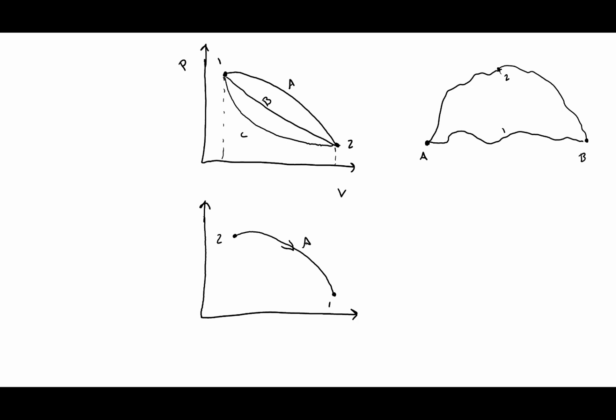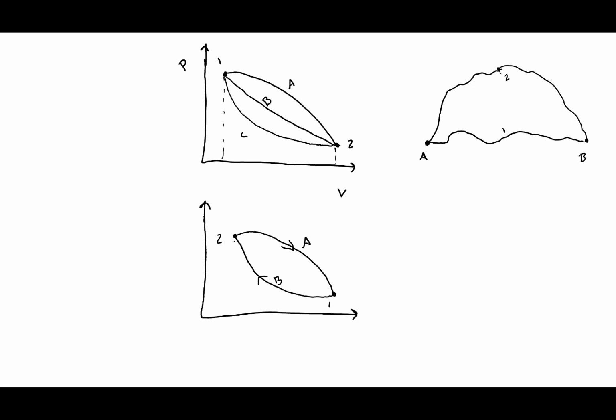So a cyclic device means that our beginning and ending states are the same. So in other words, we're going to go from state 2 to state 1, and then we're going to go back to state 2.